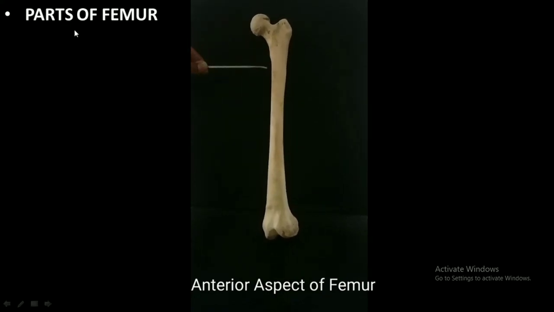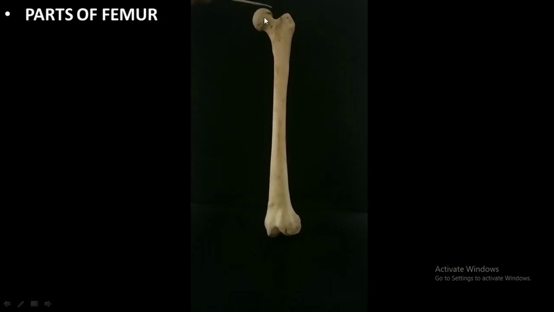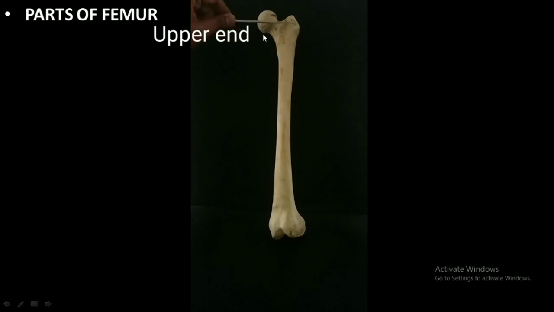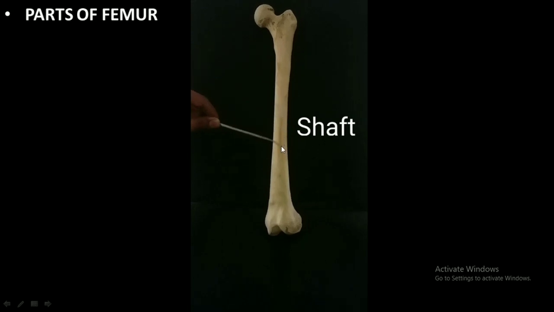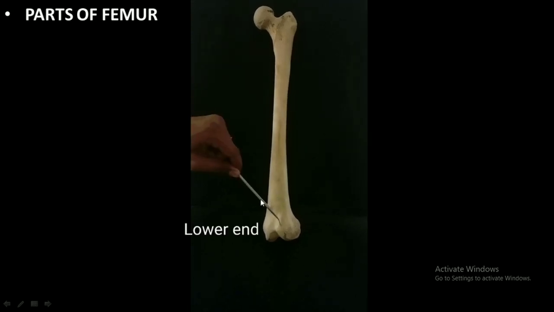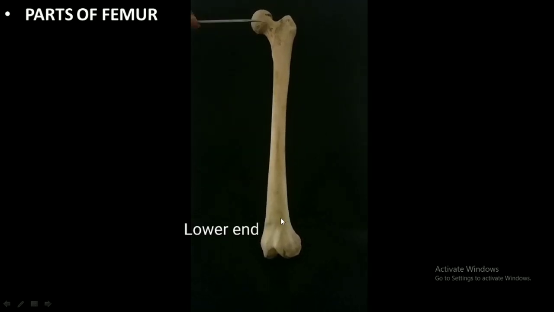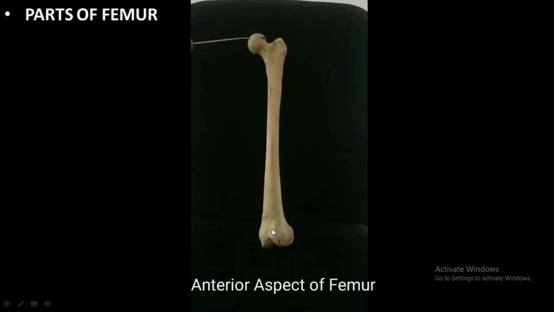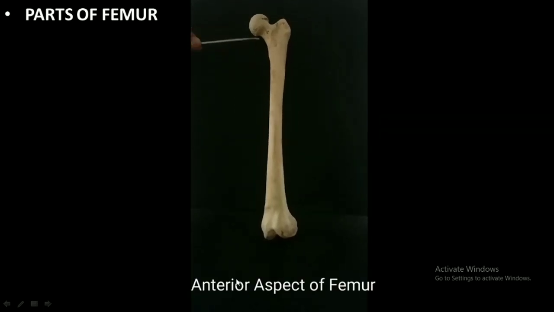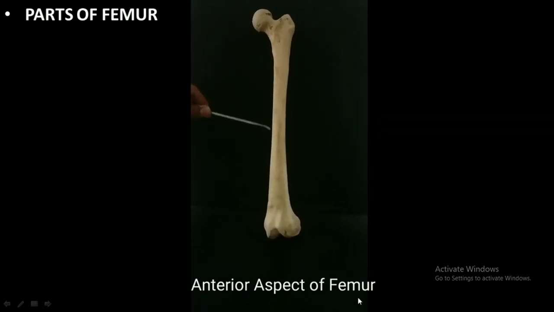Next, parts of femur. Okay, for the parts of femur, this is the upper end, this is a shaft, and this is the lower end. So upper end, shaft, and this is the lower end. So this is the anterior aspect of the femur.